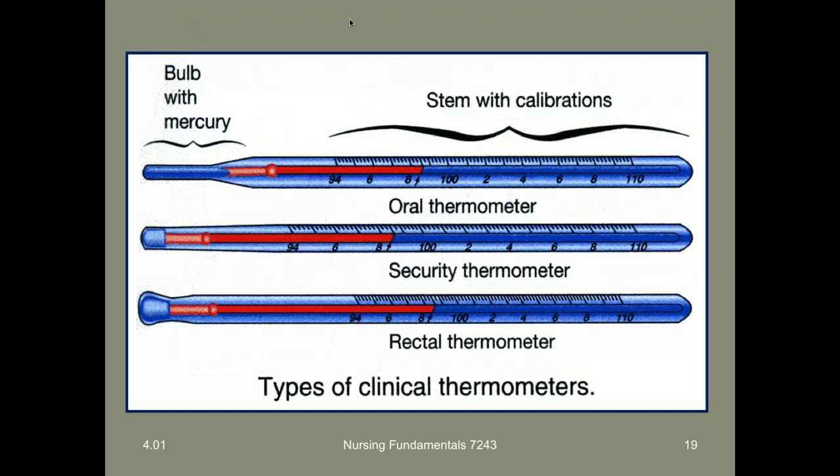This is how thermometers look. The top of the thermometer is the bulb, and this is called the stem. These are different types of clinical thermometers. If you look, the oral thermometer has a longer bulb, whereas a security or rectal thermometer has a shorter bulb.